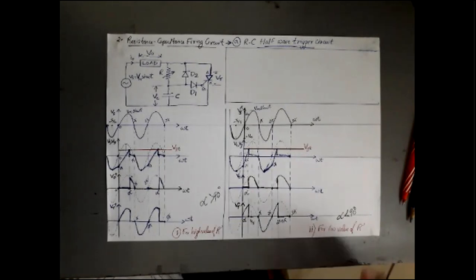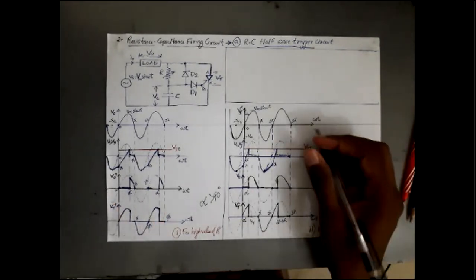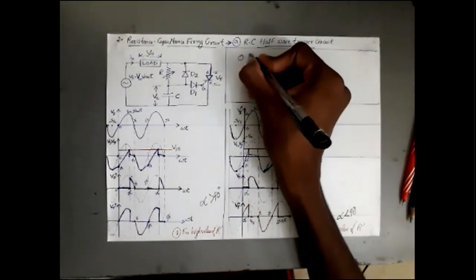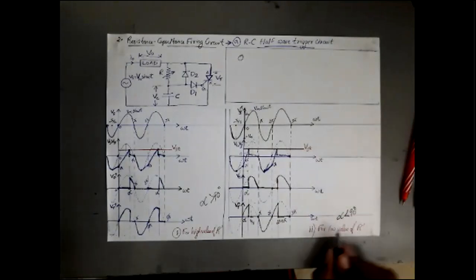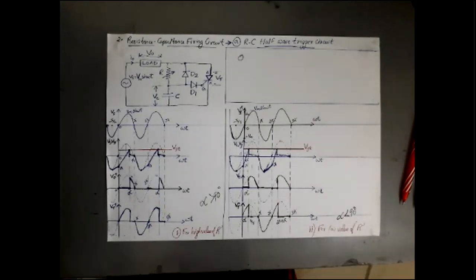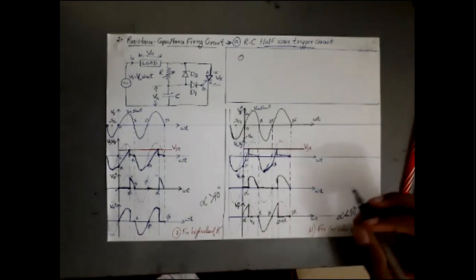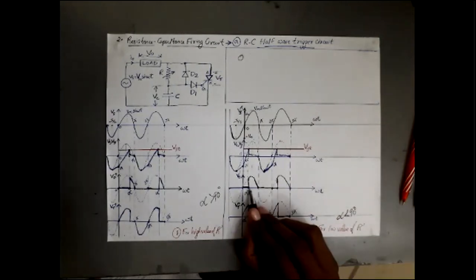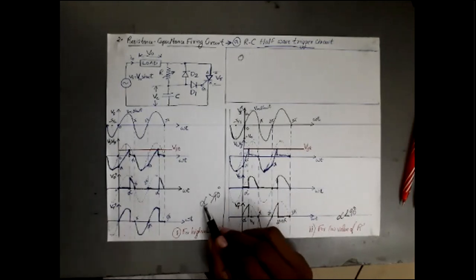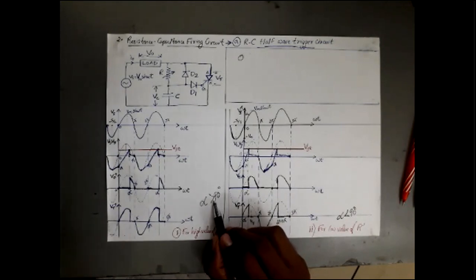And in the practical case, if I analyze the circuit, I can understand how alpha varies. When the resistance value is very low, alpha will be less than 90 degree. For a high value of R, alpha will be greater than 90 degree. And what is the maximum value it can attain?